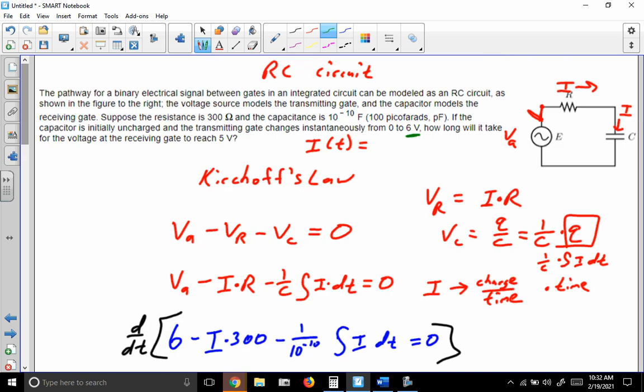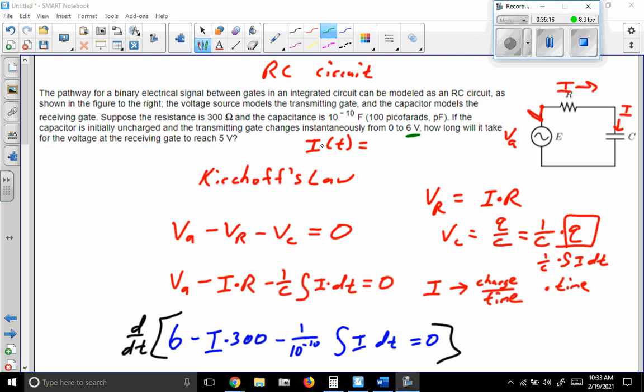So what is the question? That function is the current in our system. The question says, if the capacitor is initially uncharged and the transmitting gate changes instantaneously from 0 to 6 volts, how long will it take for the voltage at the receiving gate to reach 5 volts? If we go back and read this question, it says that the voltage source models the transmitting gate.